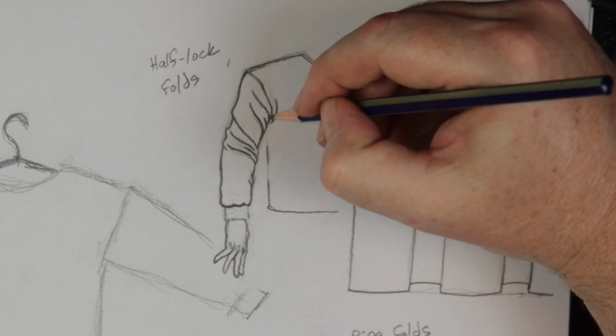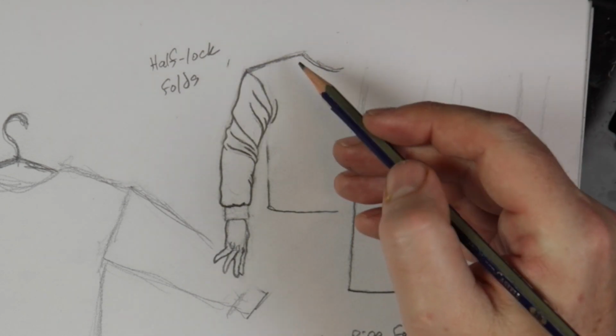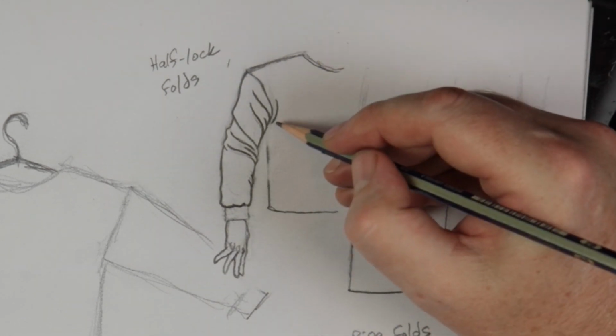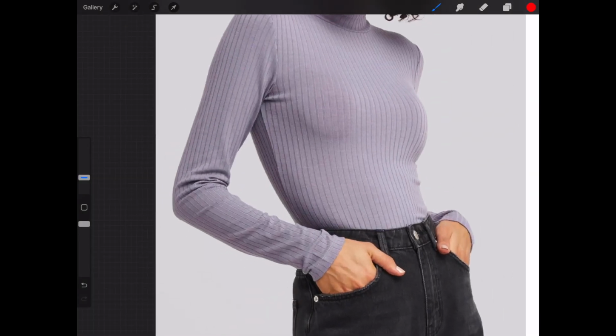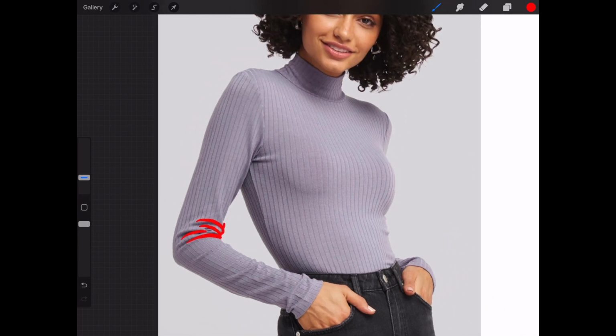And then I'm just going to tie right into these half lock folds that I already have under the arm. So here you can see at the elbow those ever so common half lock folds. And notice how one of them starts to go into a spiral fold up here like this. The rest of the shirt pretty much follows the shape of the arm.